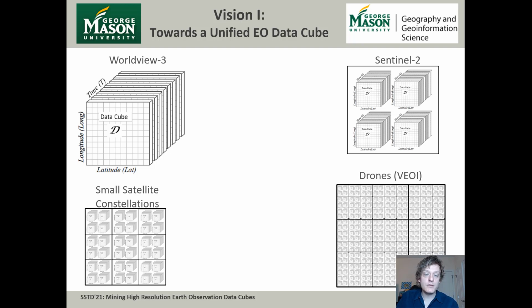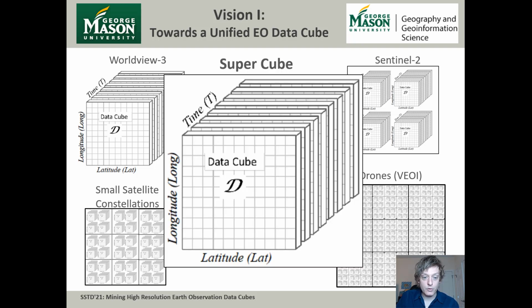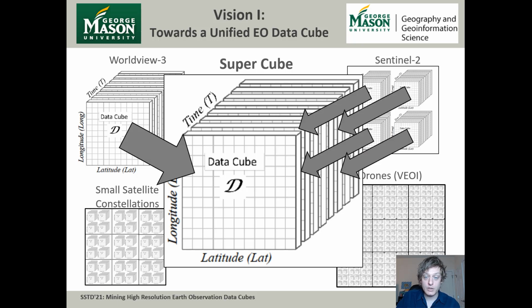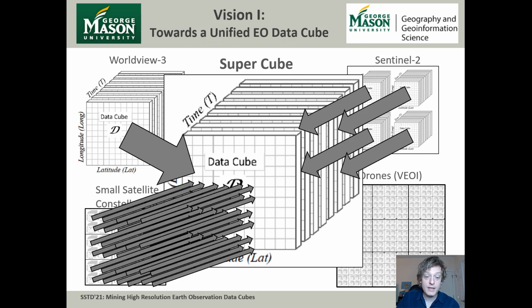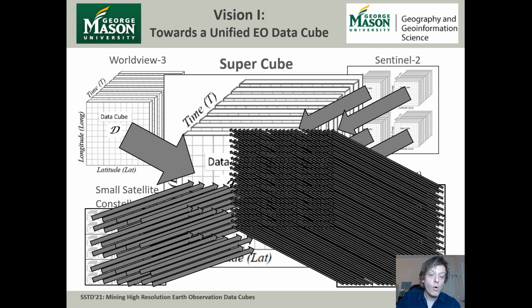And now one vision is to create a unified data cube, a supercube, which understands which cell of one data cube corresponds to another cell in another data cube. The goal is to create this supercube which captures information of the big satellites, but it also captures data from the small satellite constellations, and it even captures information contributed by all those individuals who contribute volunteered Earth observation information.